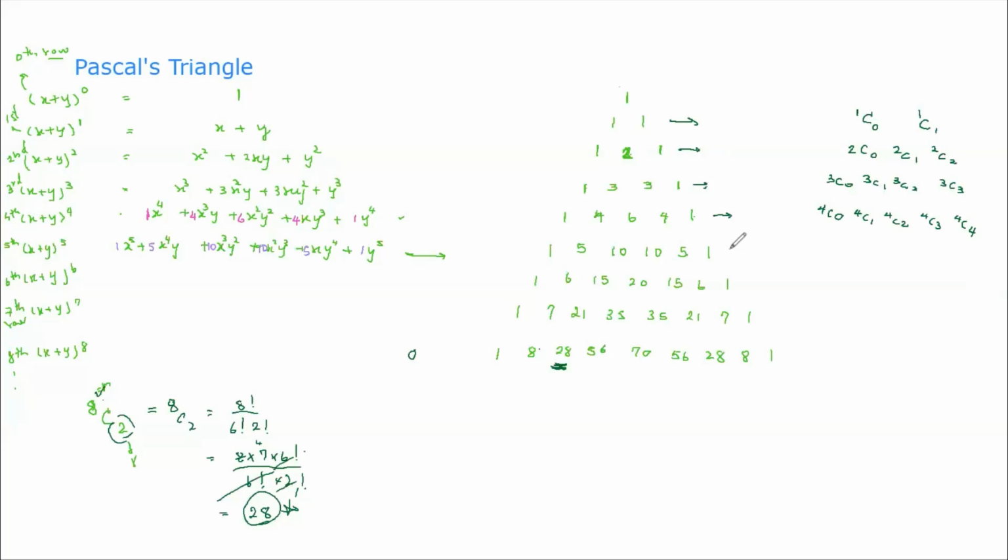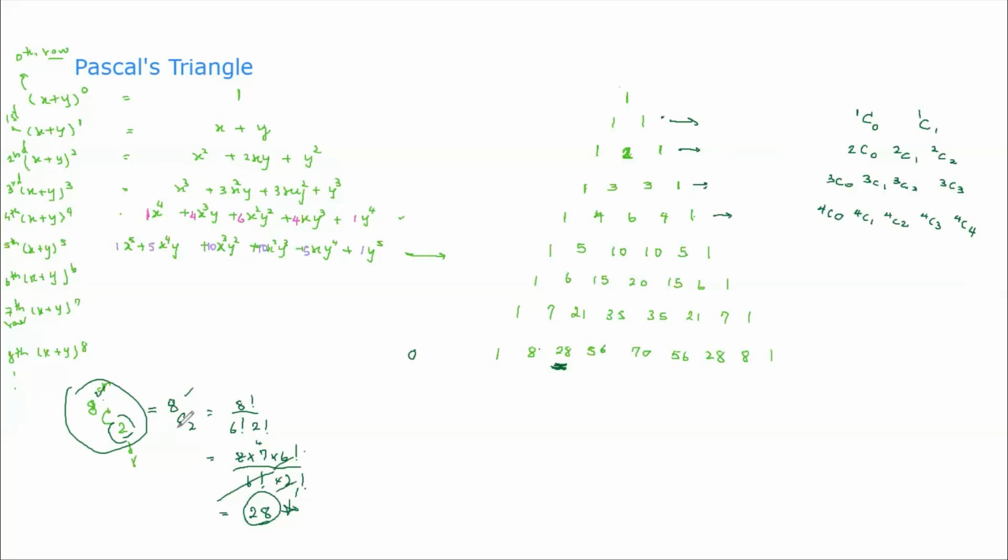So when you count the term like this example, 8C2, we count 8. We start from here, the first row. We do not count from the 0 row. We count the first row here. Count 1, 2, 3, 4, 5, 6, 7, 8.